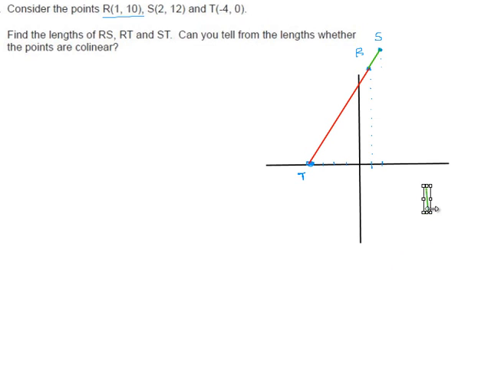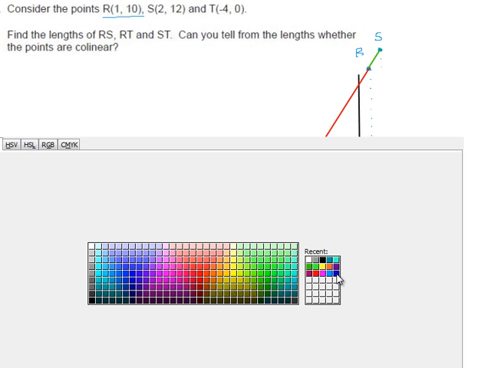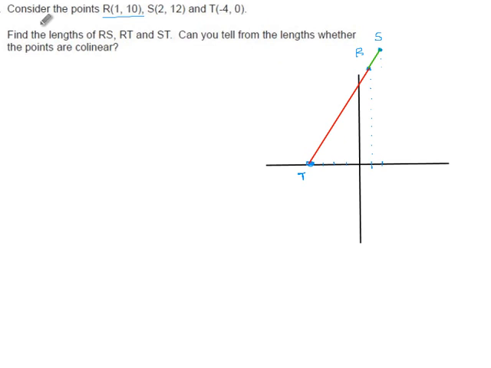And what that means to us is we're going to have to do the distance formula 3 times, which is probably part of the teacher's cunning plan to make us practice. So let's get some distances done. The distance from T to R, the red one, is, you know the formula?